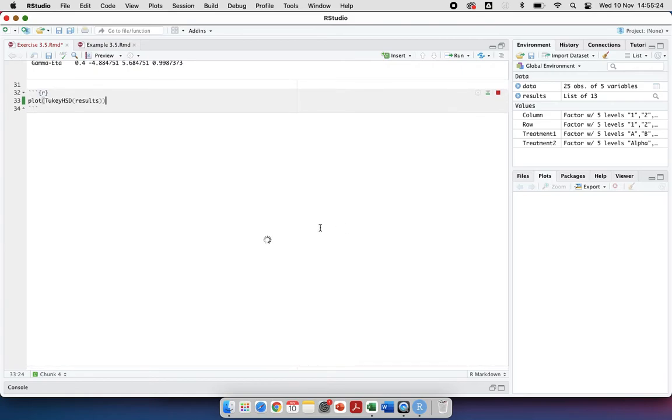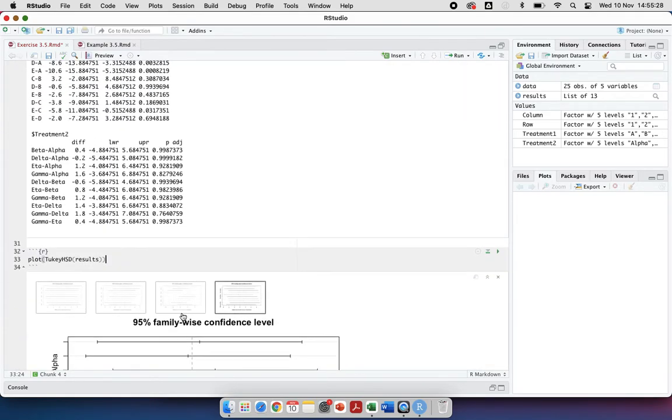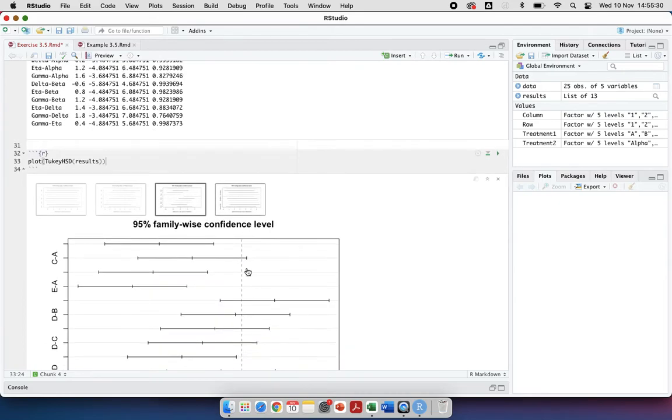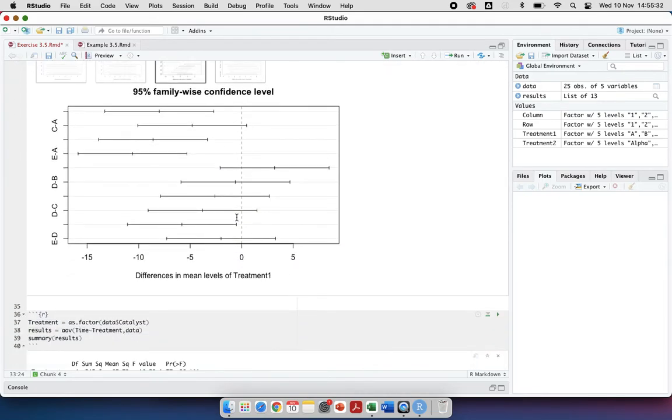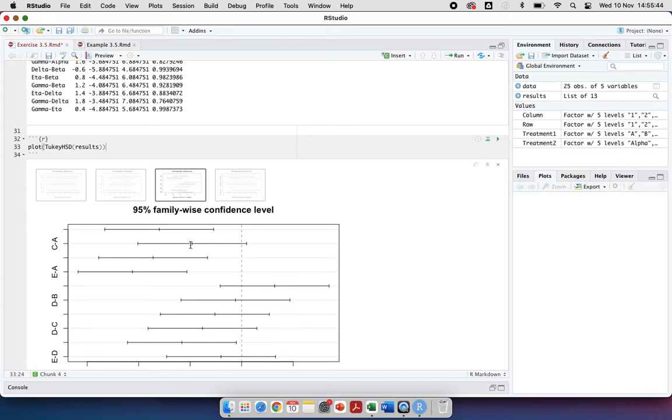Okay, nak tengok lagi terang, kita buat dia punya plot confidence interval, tengok yang treatment 1. Tengok mana yang tak langgar kosong. Ni, 1, 2, 3, 4. So ada 4 yang significant. Which one is the most significant?